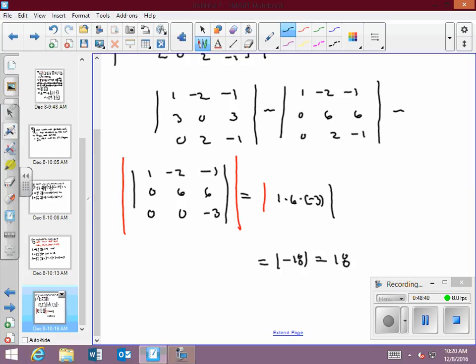So the volume is 18, if I did it right. Does it look right? I think it is.